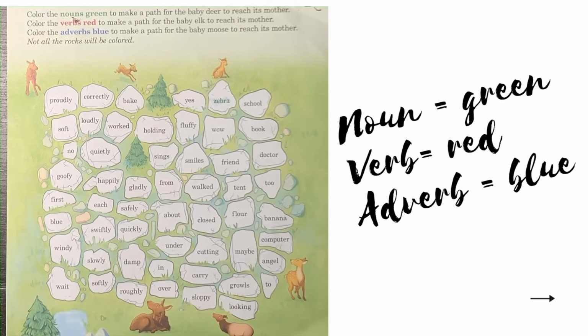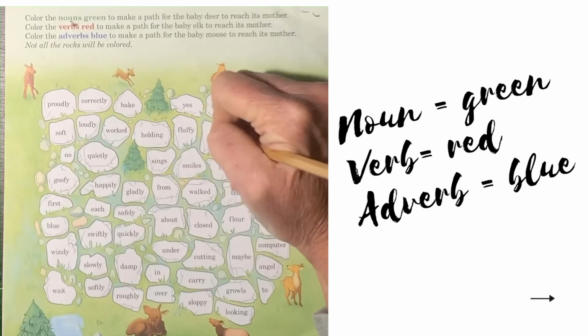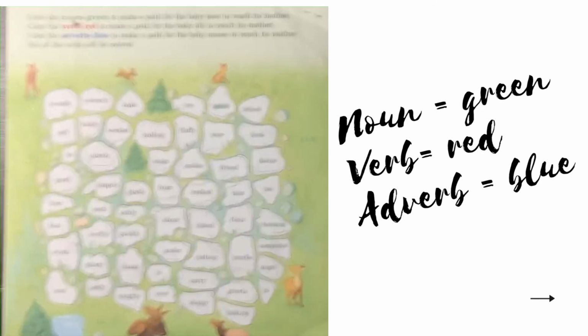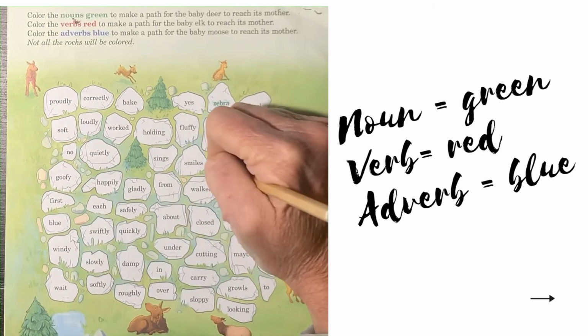Oh gosh. Let's think of a verb and see if that could be an adverb. Can you skip wow? No. Is wow a person, place, or thing? No. Is wow something you do? No. So we know this one is blank. I'm going to just put an X on that. Okay, friend. Well, that's an easy one. That's a noun.